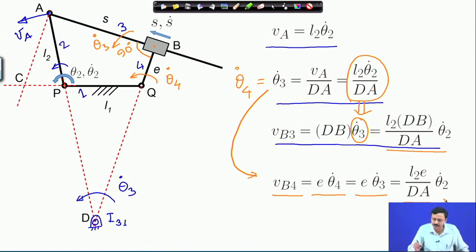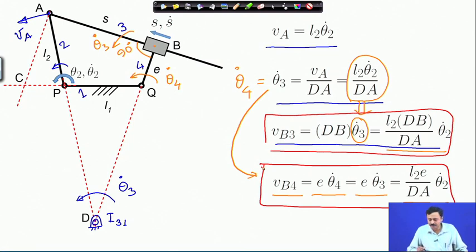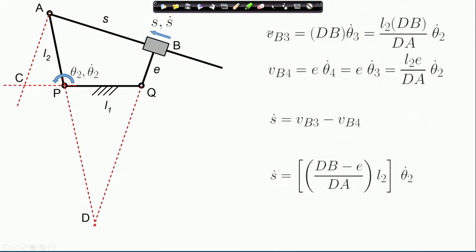So, I have expressions of V_B3 and I have expressions of V_B4. Now it is just a matter of taking the difference to relate S dot, which I am going to do now.